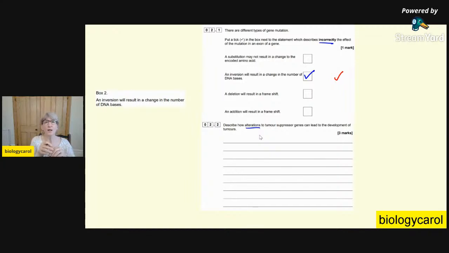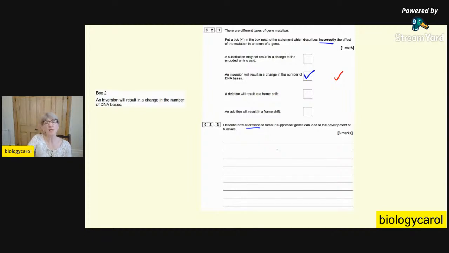So I'm thinking about increasing the amount of methylation. I'm also thinking about mutations, but also because this question is about the development of a tumor, I'm almost certain that one of the mark points will be about saying that a tumor comes about as a result of uncontrolled cell division.